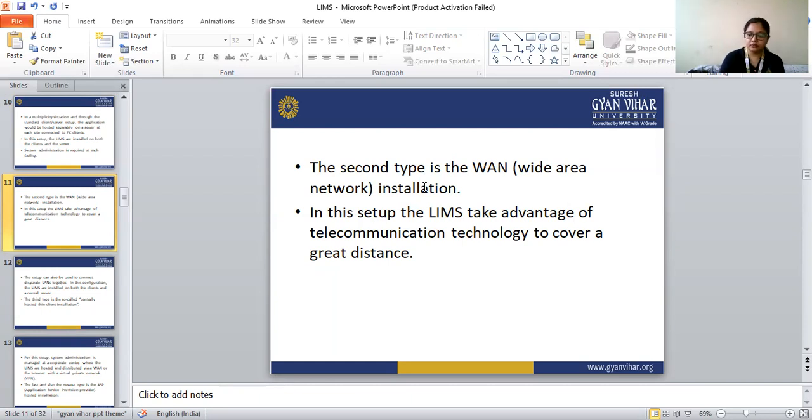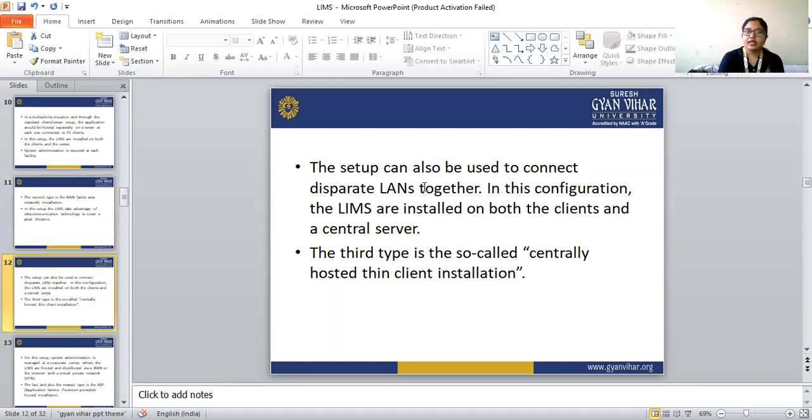WAN is the type of architecture where we have to use telecommunication technology to cover great distances. The setup can also be used to connect disparate LANs together.